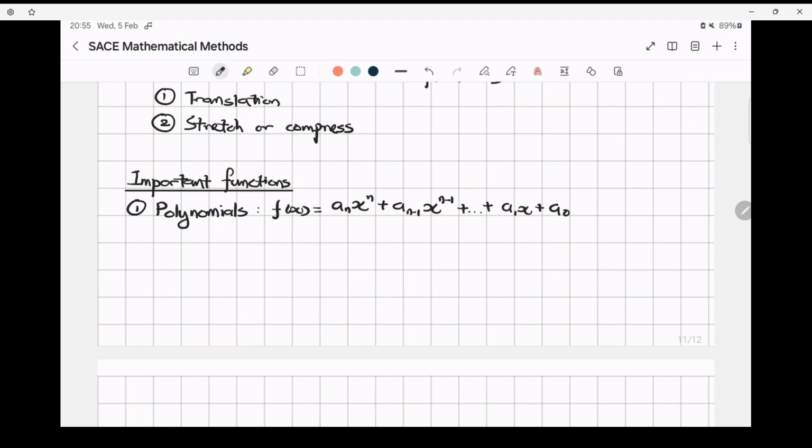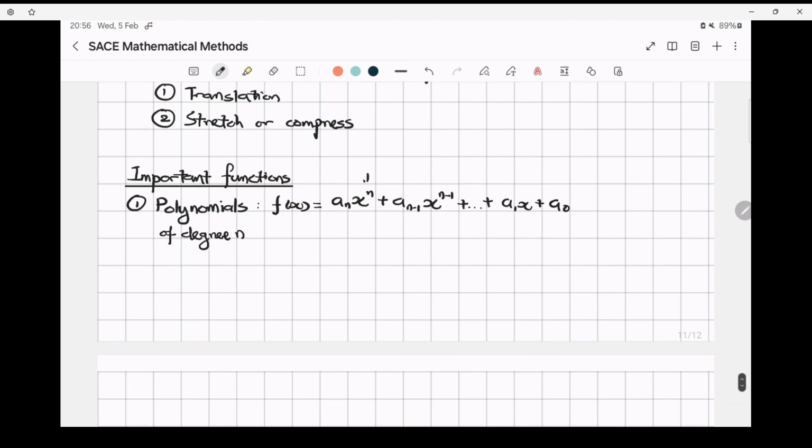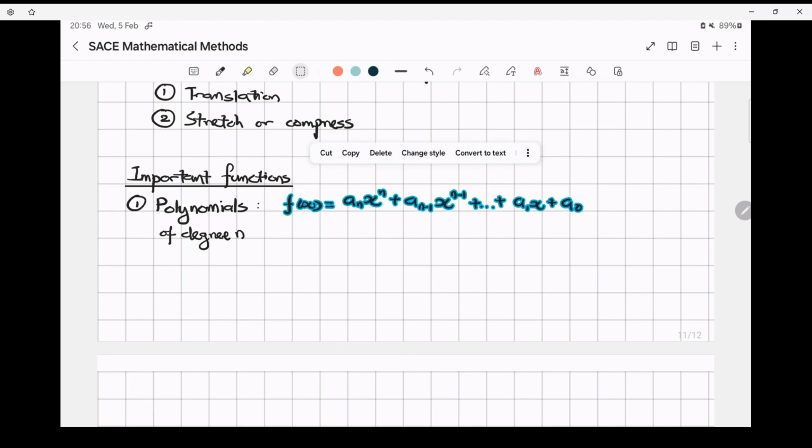This is what we call a polynomial of degree n. The degree means the highest power of your polynomial function. In other words, a quadratic equation is a polynomial of degree 2.